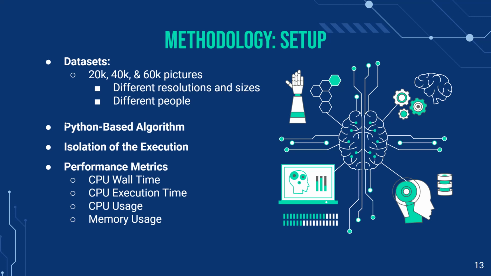And the performance metrics that we got for this experiment were, the first one is the CPU wall time. This is equivalent to starting a stopwatch once you start the program and stopping it once it ends. And then we got the CPU execution time, and this is the actual time the processor took executing and running the program. So this time is going to be lower than the CPU wall time.